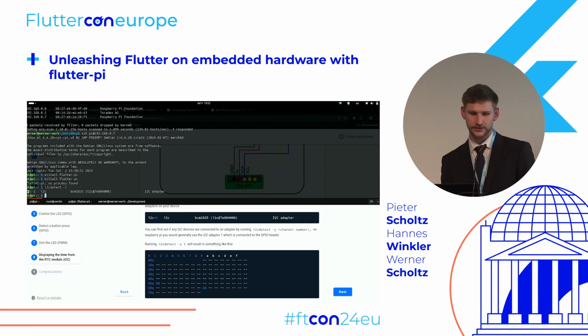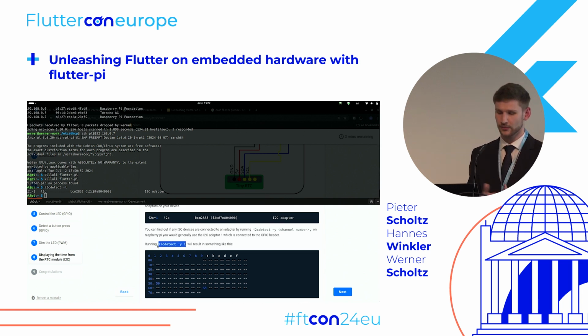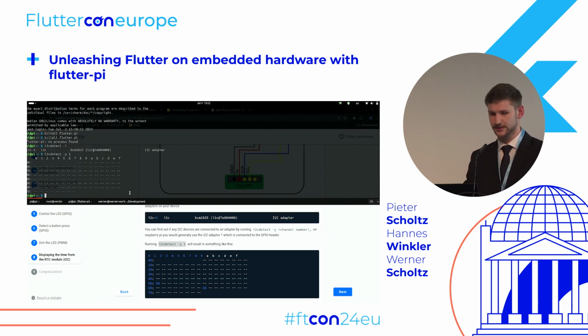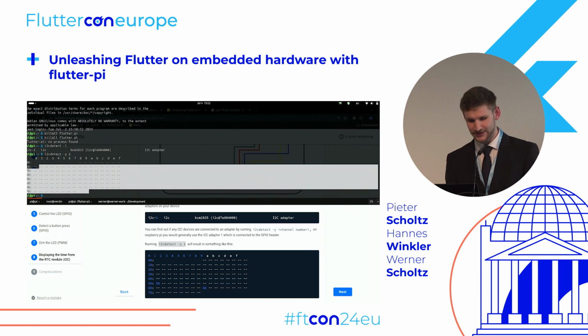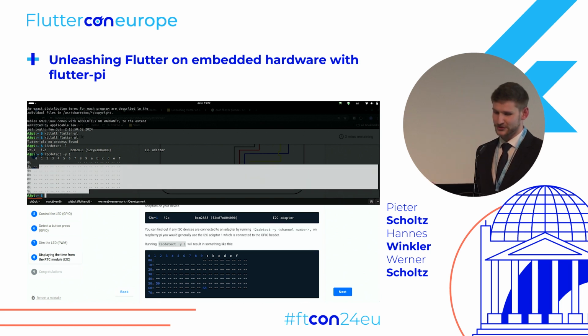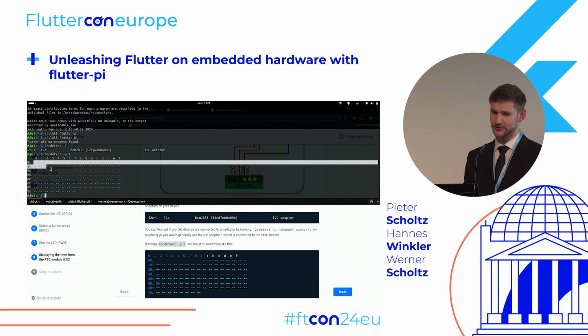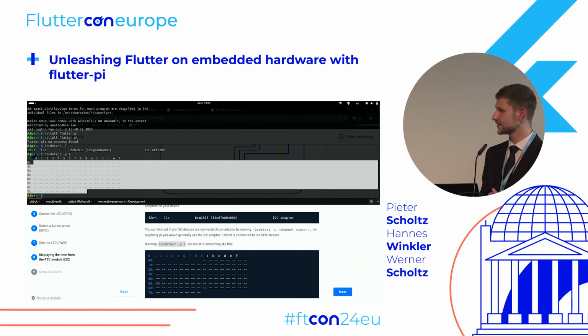But in this case, we're going to be using chip 1 or adapter 1. So we can use i2cdetect -y 1 to actually list the devices or the addresses on the chip. Unfortunately, it seems that the I2C module is not showing up. As you can see, there are no addresses being detected. So that's maybe something we need to check before we continue.